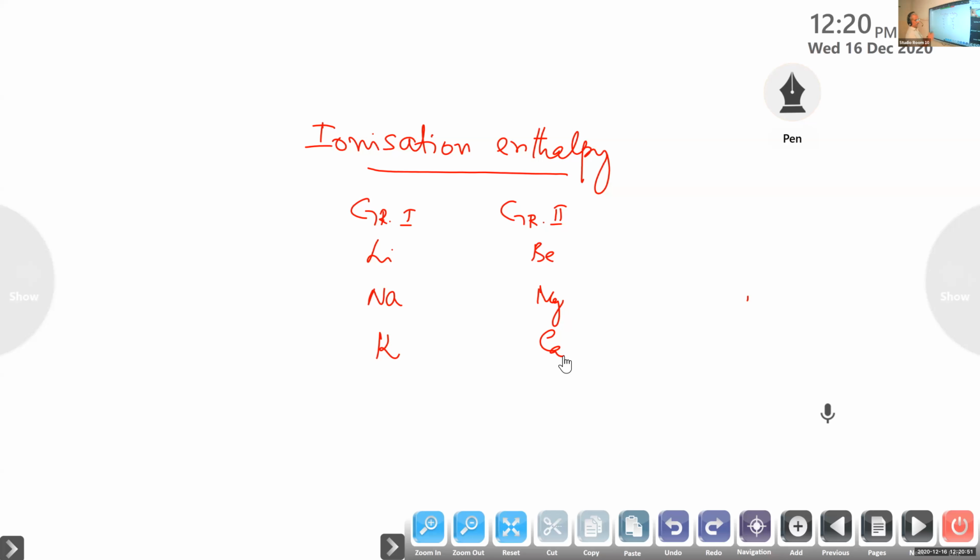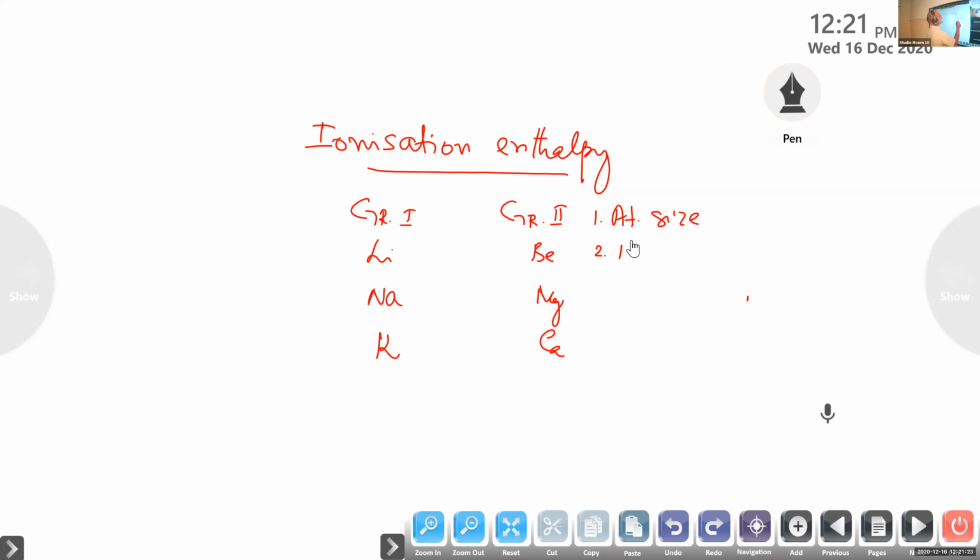You compare these two. The ionization enthalpy depends mainly on two factors. One is atomic size. The second factor is the nature of the electron that is removed, meaning whether the electron is a paired electron or a single electron.